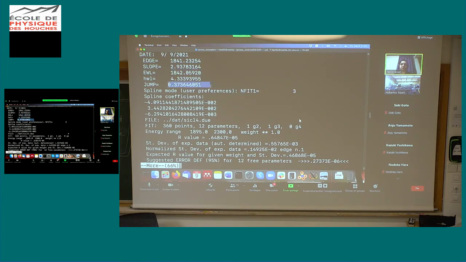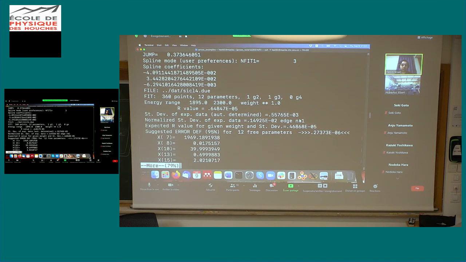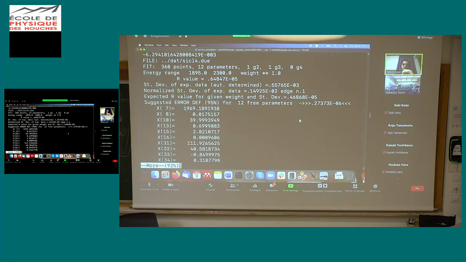Then there is the jump, how much is your signal, the spline coefficient for the post-edge background. Then there is the R value, the residual, the average standard deviation determined, and so on. And then we have the values of the various parameters that we fitted.